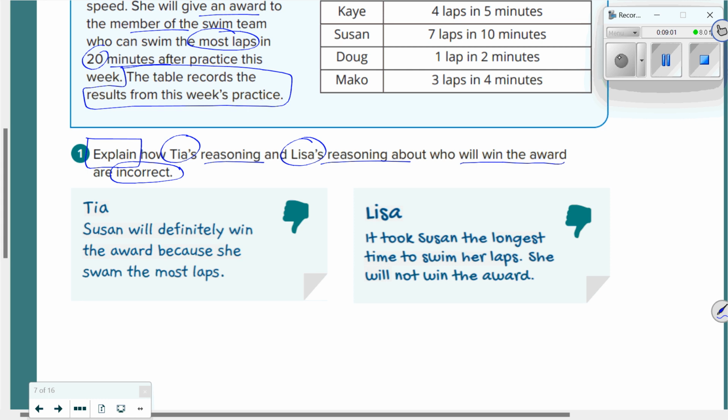She was assuming because of the 4 laps that she would win. But she only looked at which part of it? The laps. She didn't look at her time at all. She only looked at the laps and said, okay, she won, right? So Tia did not look at the time it took.